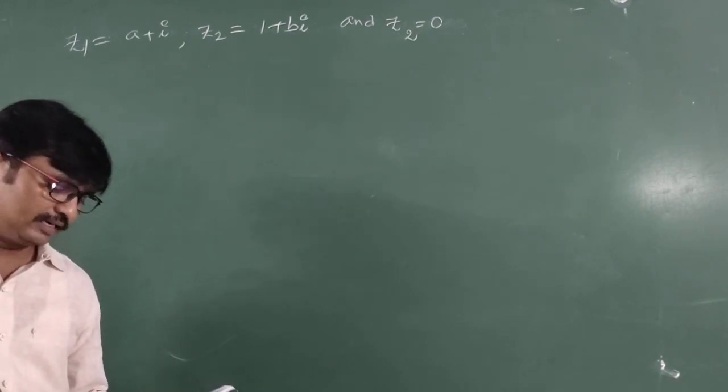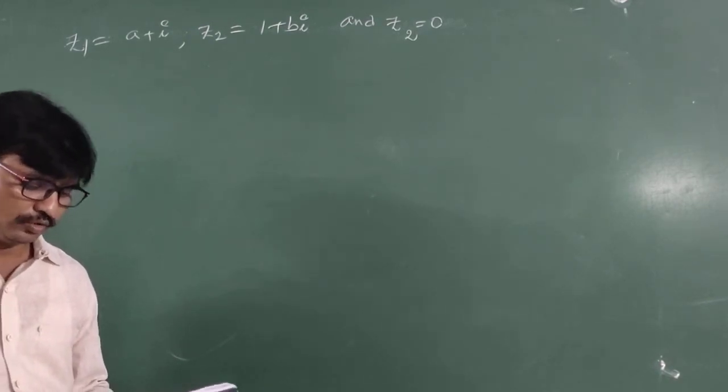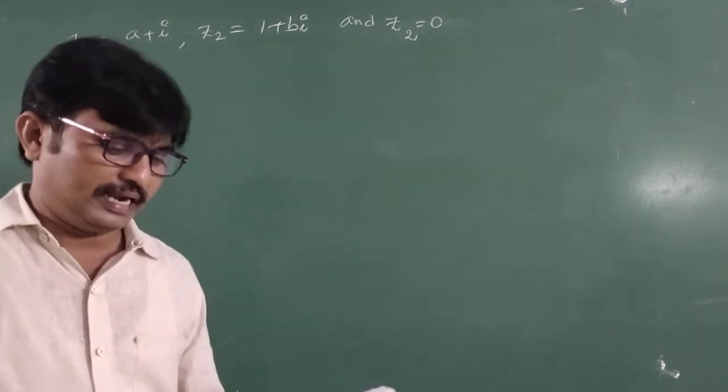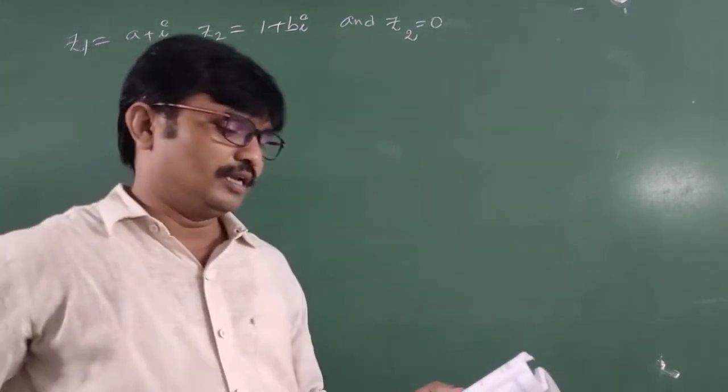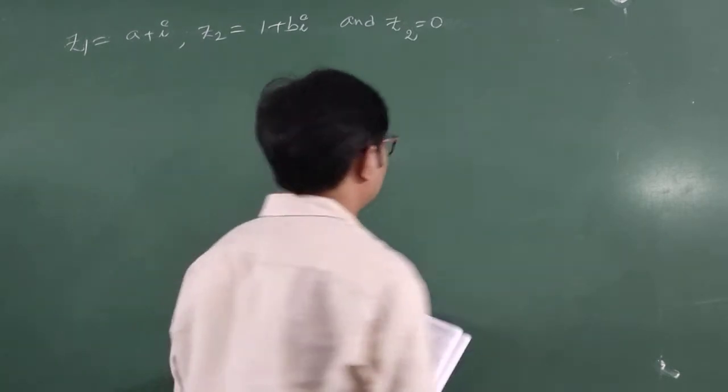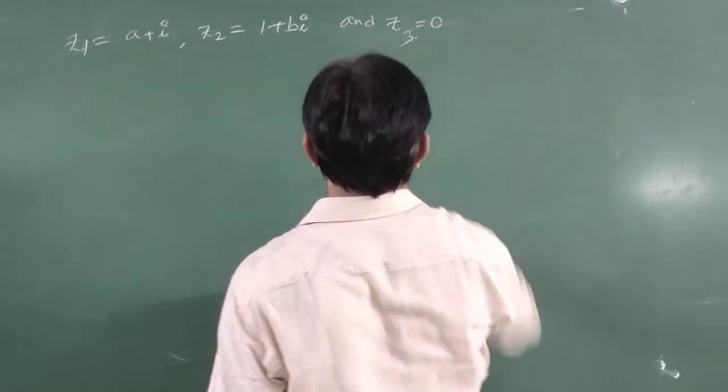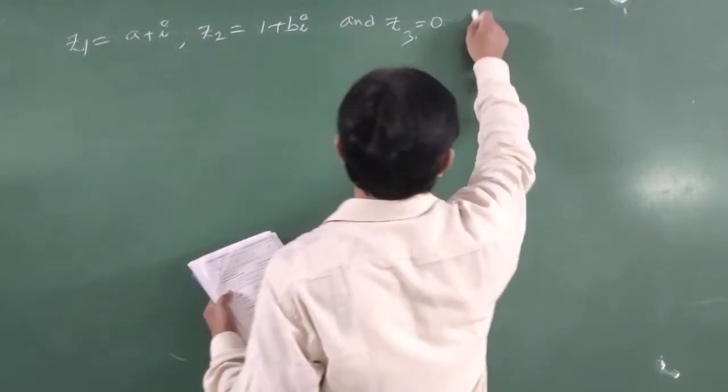Form an equilateral triangle. So dear students, Z1, Z2 and the origin form an equilateral triangle.